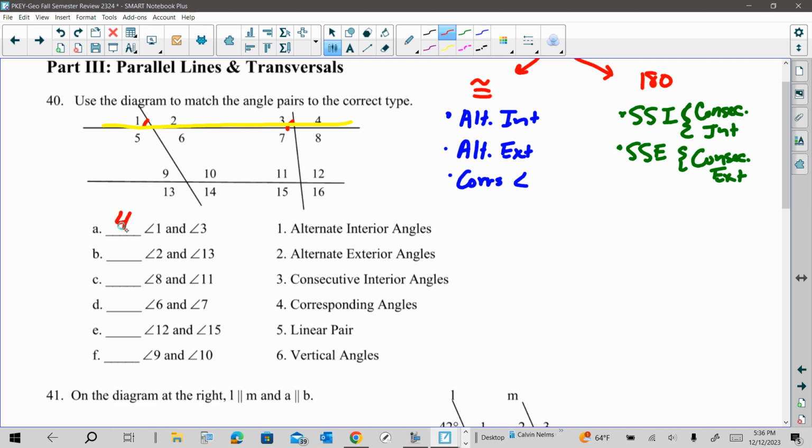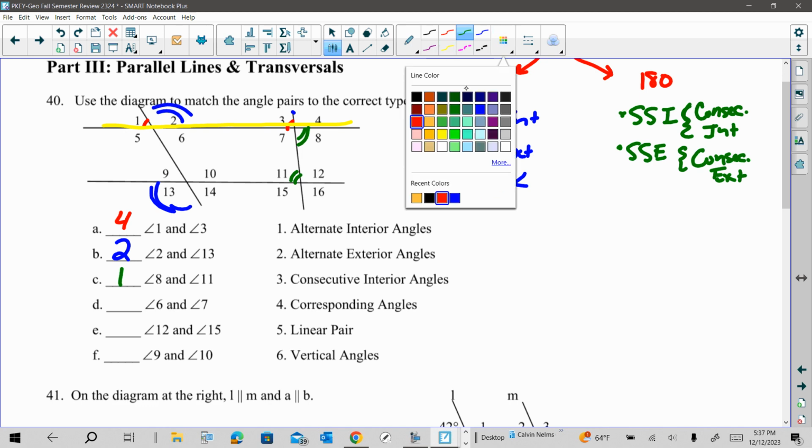So this one is 4. Now 2, which is over here, and 13. They have a different transversal, this line. These are alternate exterior, so that is 2. Then 8, which is over here, and 11. These would be alternate interior. That's 1, because they're on opposite sides of the transversal.